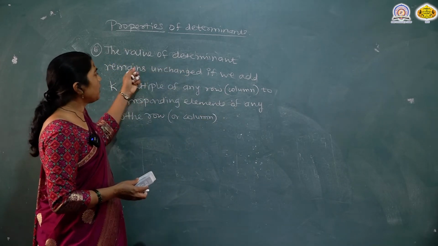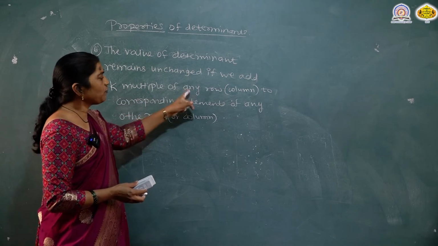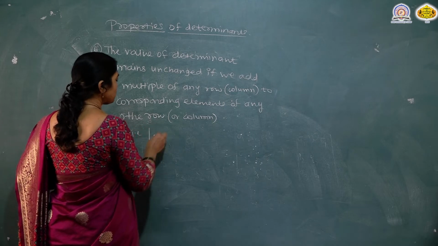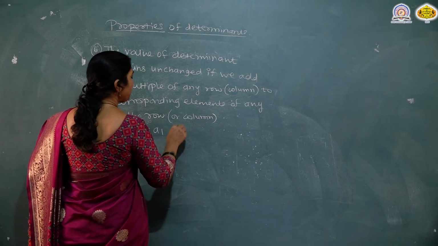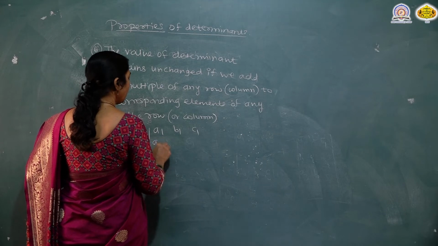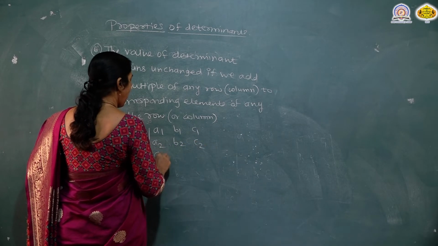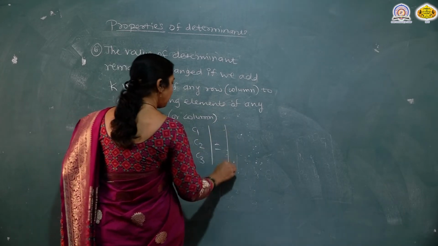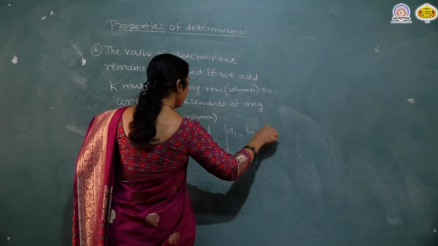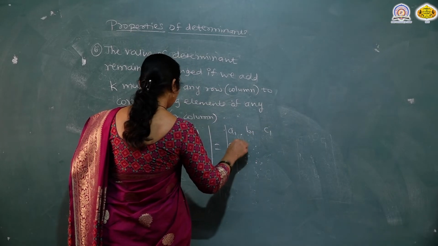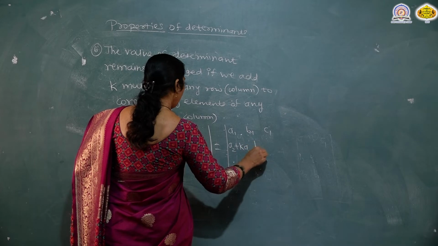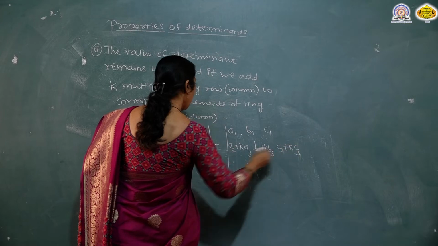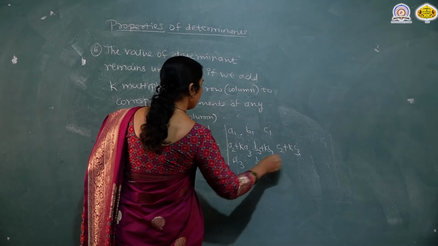So the value of determinant remains unchanged if you add k multiple of any row to the corresponding elements of any other row. That is, suppose I have determinant a1 b1 c1, a2 b2 c2 and a3 b3 c3. This is same as determinant a1 b1 c1, a2 plus k a3, b2 plus k b3, c2 plus k c3, a3 b3 c3.